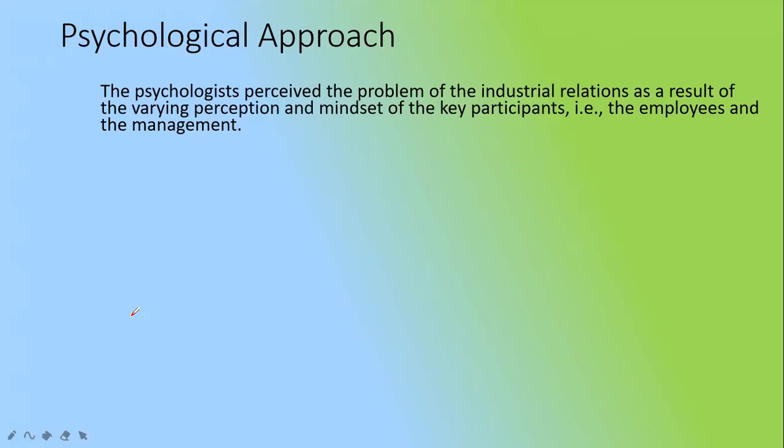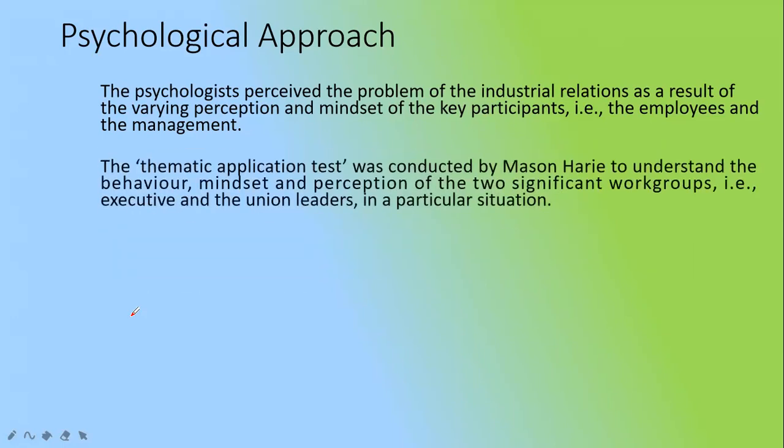This approach has been tested practically by Mason Haire to understand the behavior, mindset, and perception of these two significant groups. He made an experiment between executives and union leaders in a particular situation.